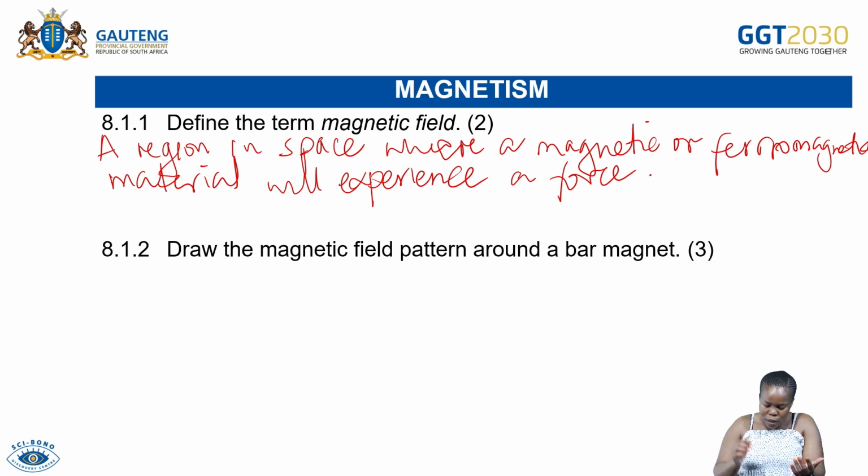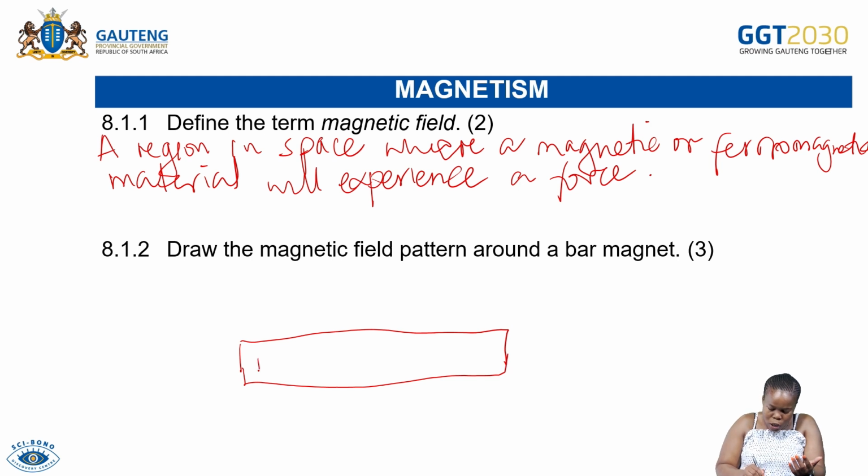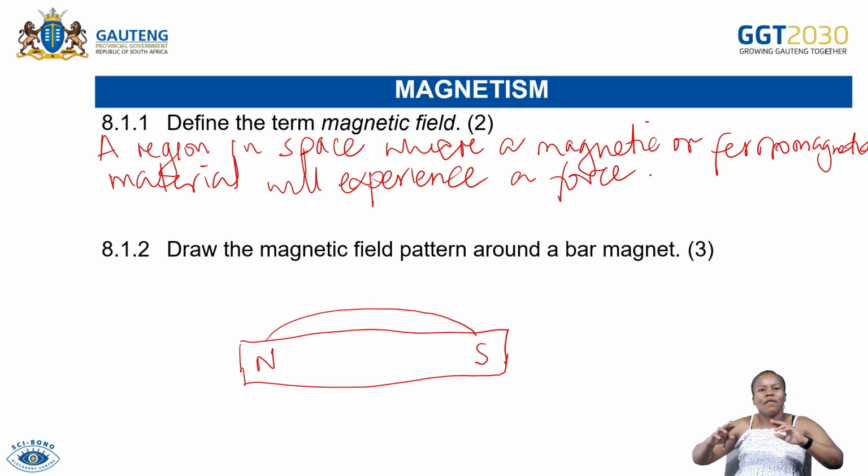So let's just draw it and look at all these things as we are talking to each other. This is the north and this is the south. I always say less is more, so that you don't make the mistake of having these magnetic field lines touch, because they should never touch.